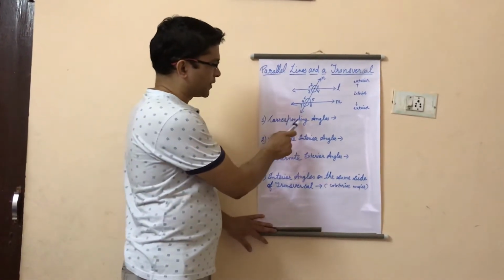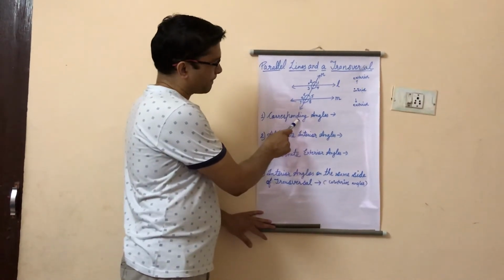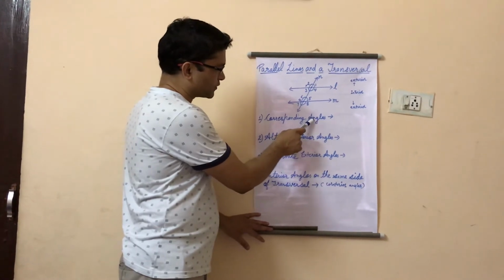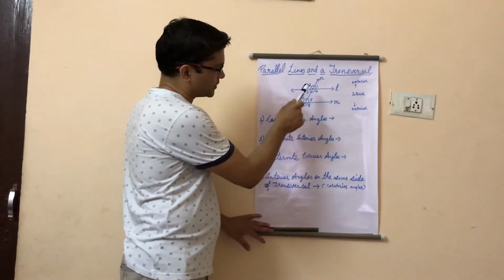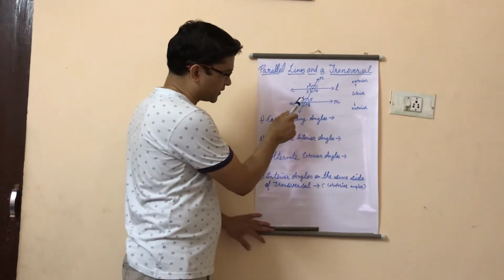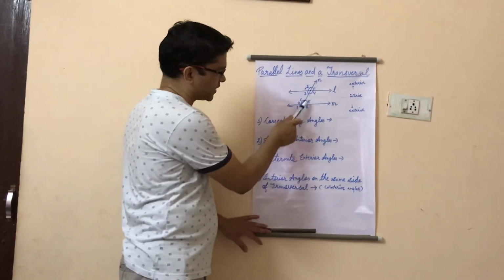First of all, corresponding angles. Corresponding angles are those angles out of which one angle is in the exterior and the other angle is in the interior, and these are formed on the same side of the transversal.